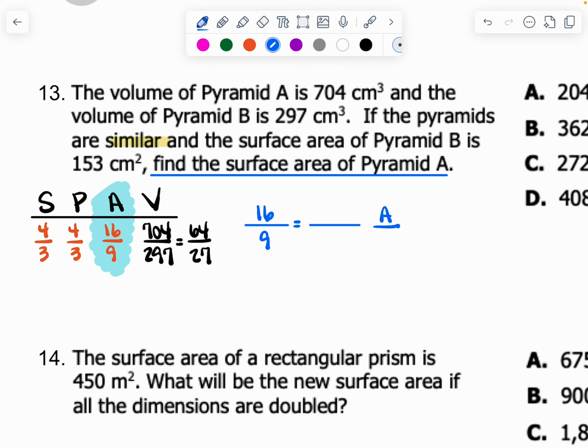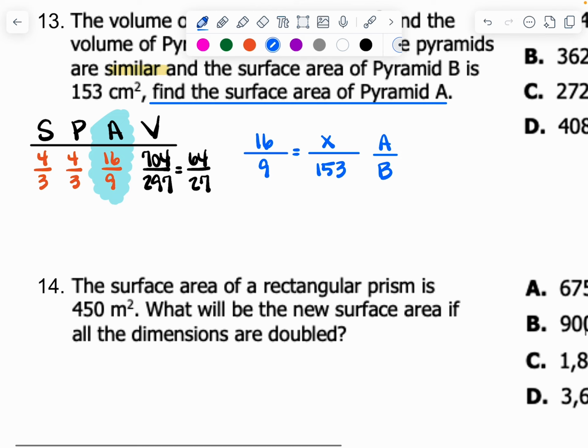So I have to use the 16/9. Now you do want to be careful here because you're doing A to B again, the way that we wrote that down. And so now it's giving you the surface area of pyramid B. So that needs to go in the denominator and you're looking for A, which is going to be up top. So just be really careful.